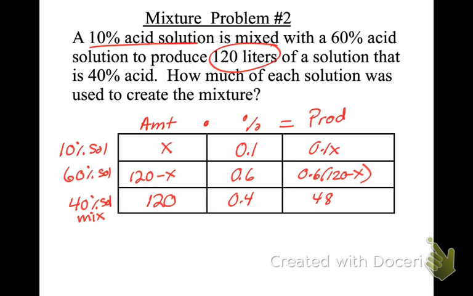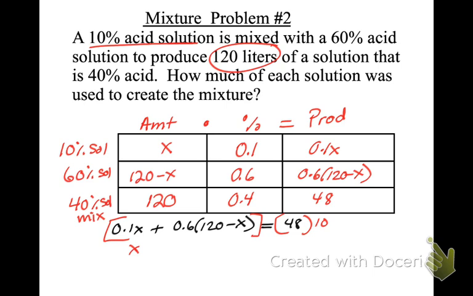So my equation is 0.1x plus 6/10 times 120 minus x equals 48. Okay, if I want to get rid of the decimal, what am I multiplying by?